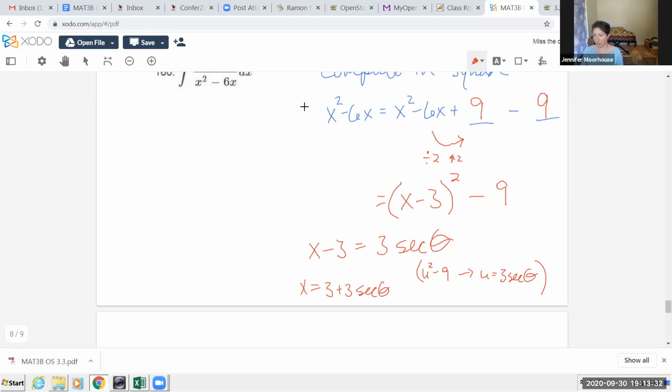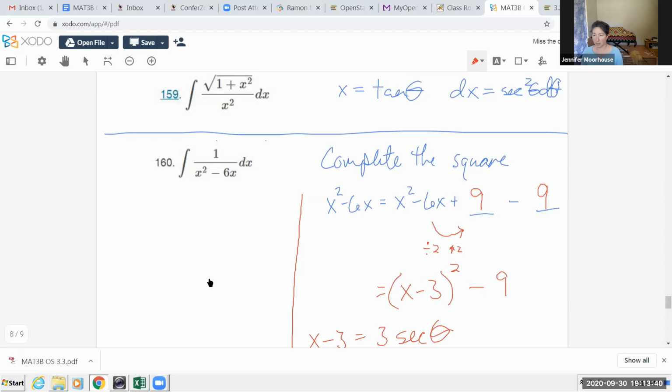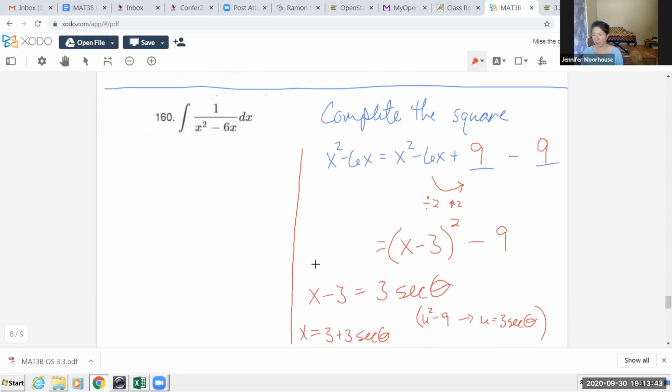So we can rewrite this integral as the integral of 1 over x minus 3 squared minus 9 dx.